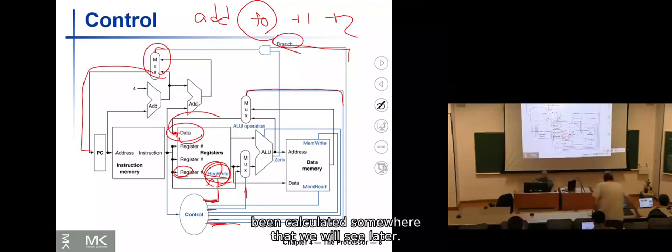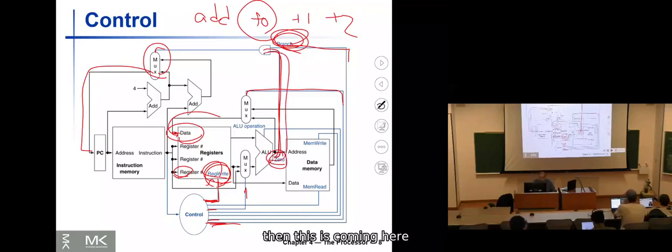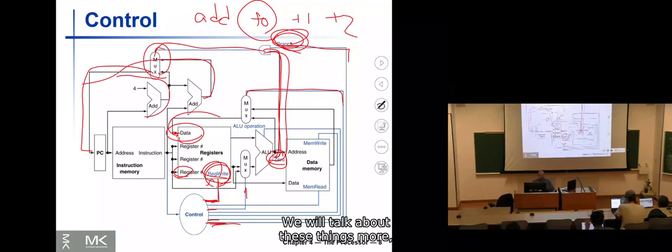That has been calculated somewhere that we will see later. The taken signal is this zero, because you compare them, and for example, if they are equal, then this comes here. If it is a branch and it is taken, then the multiplexer selects this value, not PC plus 4. See how it controls?